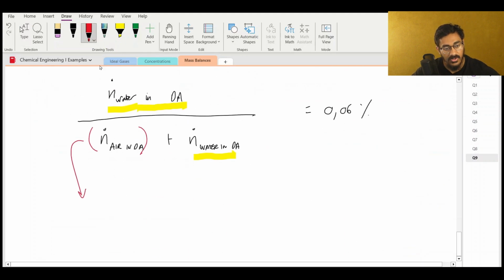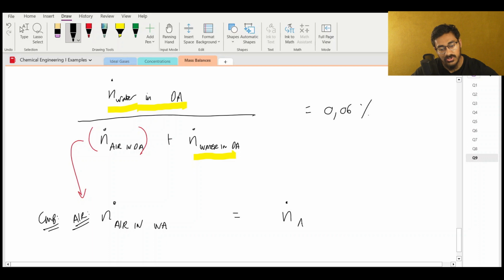Okay. So I'll write down the component mass balance for air. So what that says to you is the number of moles of air in the wet air stream must equal the number of moles of air in the dry air stream.